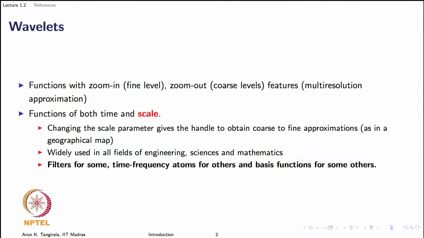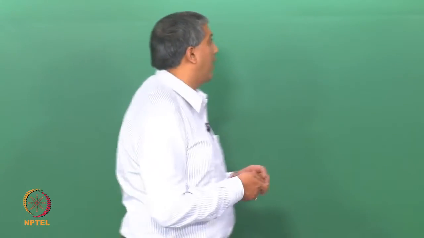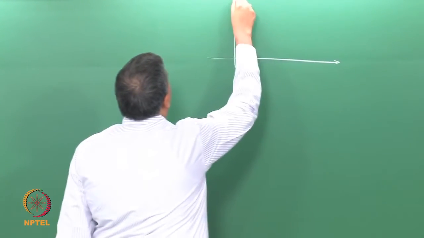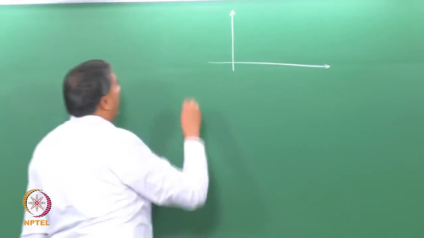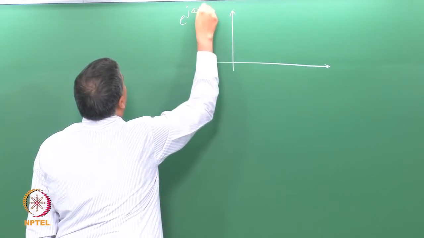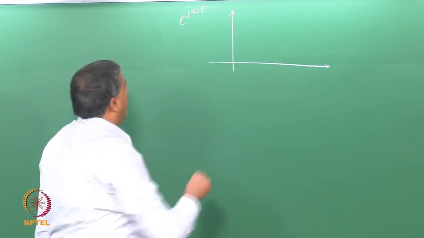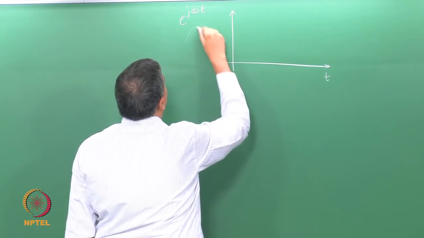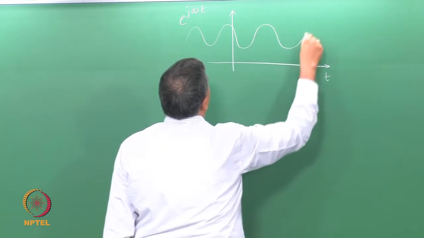So, what are wavelets? Essentially they are just another set of analyzing functions like the Fourier analyzing functions, but with certain key differences that make them very popular and suitable for signals in the time frequency plane. Just to compare, in the Fourier domain the analyzing functions are e to the j omega t, and if I were to draw this as a function of time, these analyzing functions exist all over time.